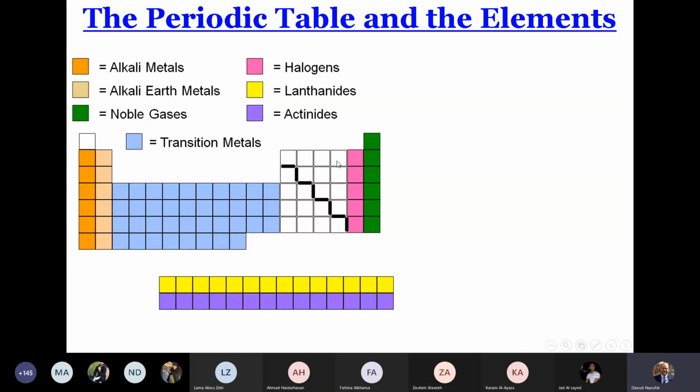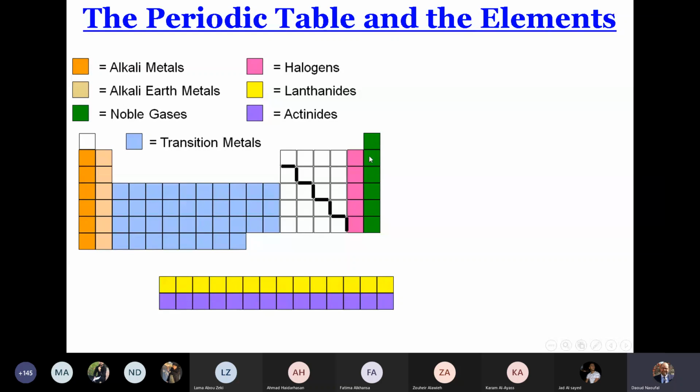Column 16 or group 6 starts by oxygen. This is the group of oxygen, also known as the chalcogens. Group 7, in purple, is the halogens.